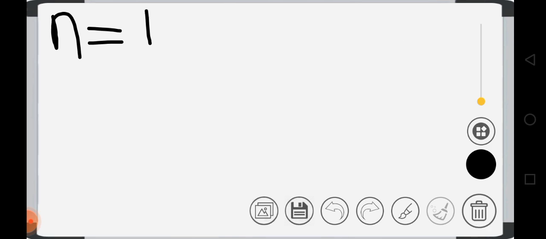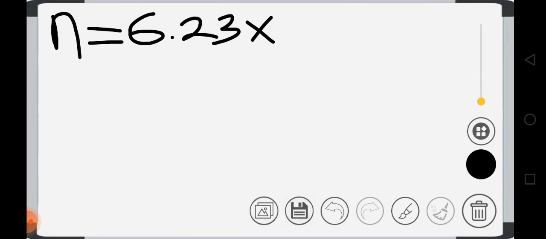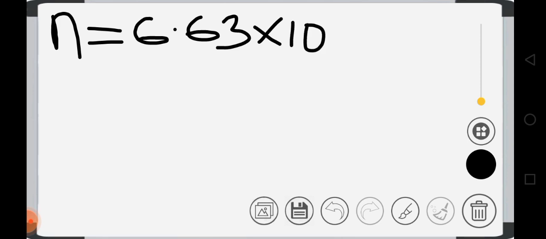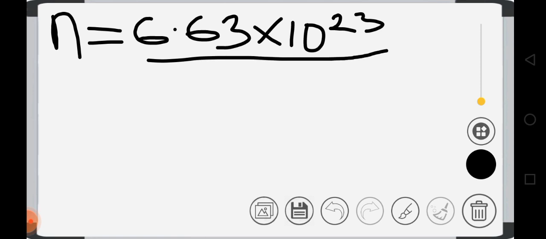So the number of moles will be the number of particles, which is 6.63 times 10 to the power 23, over Avogadro's number.